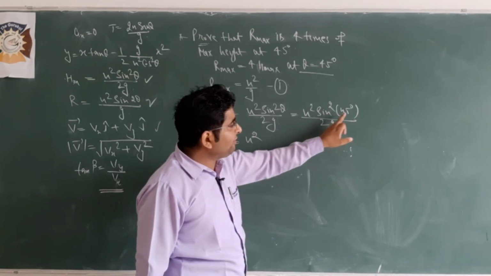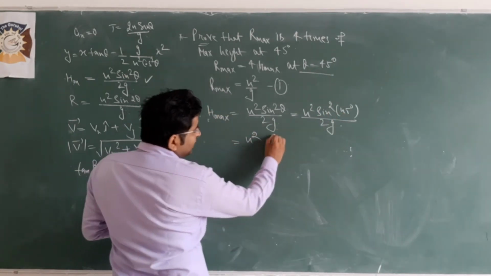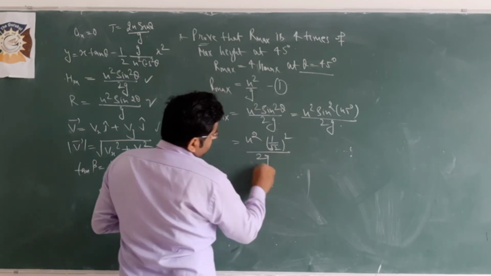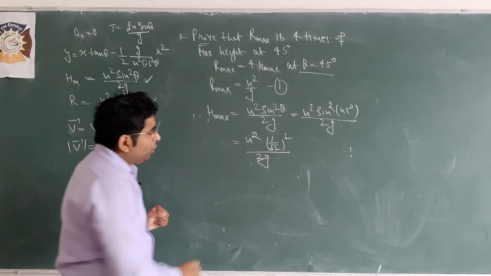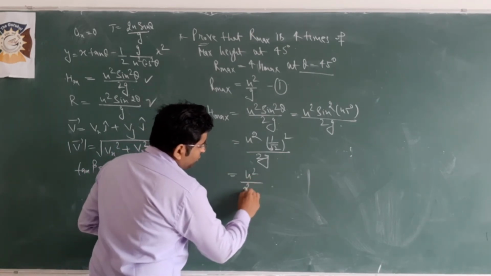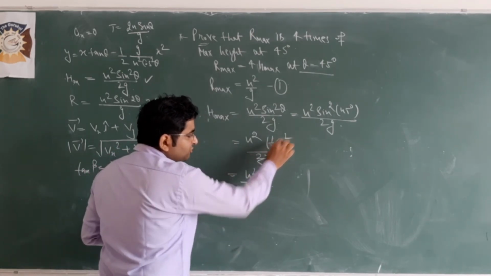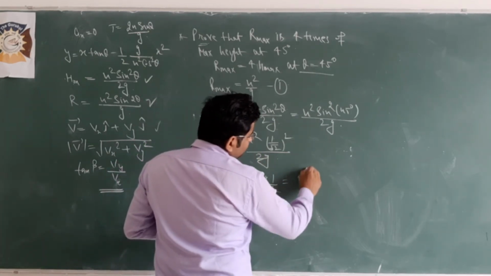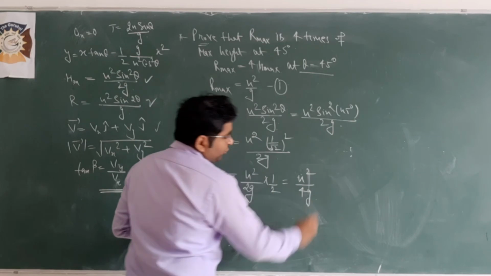But sin 45 होता है 1 by root 2. तो we will write 1 by root 2 का square upon 2g. Clear? Okay now U square upon 2g into 1 by root 2 का square is equal to 1 by 2. So it is equal to u square upon 4g.